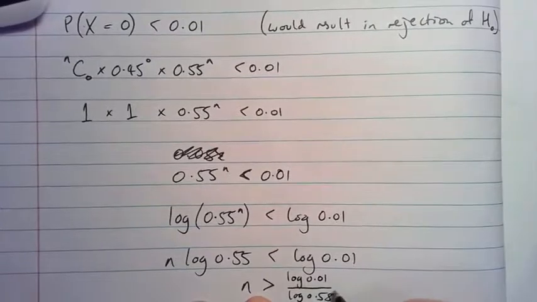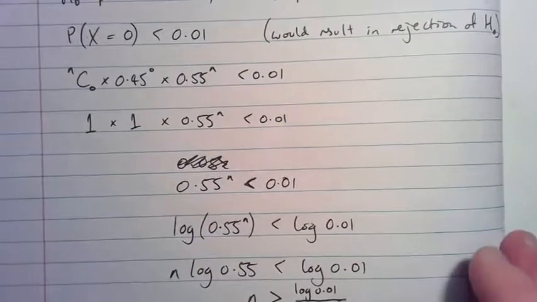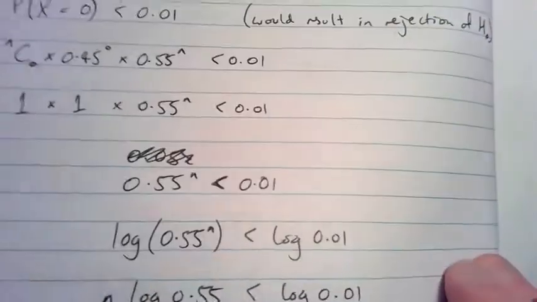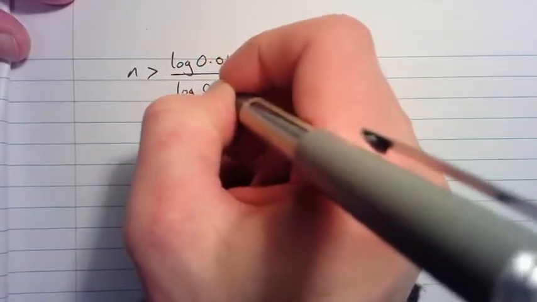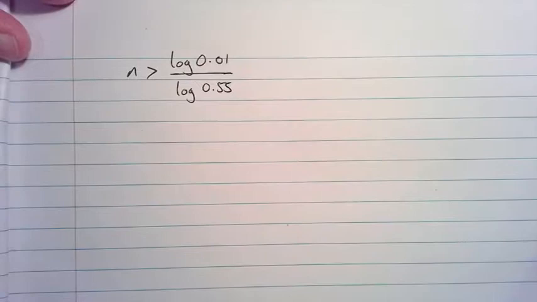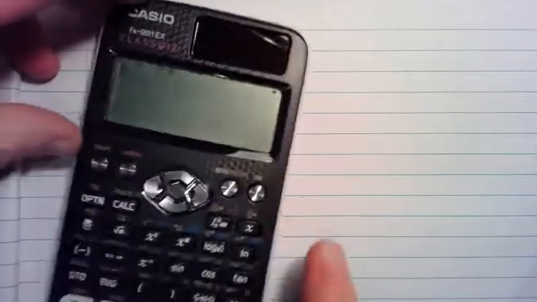So at that stage we're going to have to go onto a different page, unfortunately. I'll just restate that though. So then we had n is greater than log of 0.01 divided by log of 0.55. Okay, let's just do that on the calculator then.